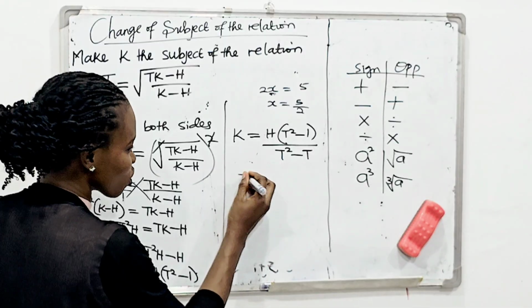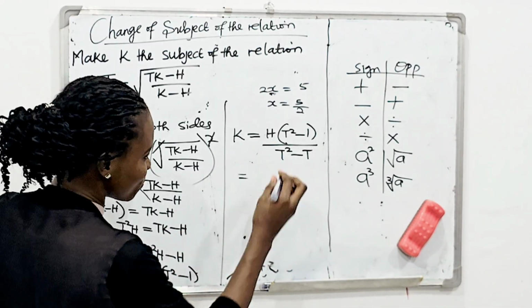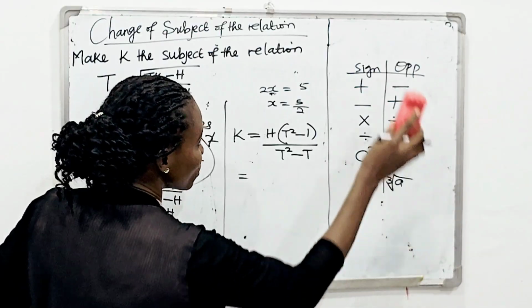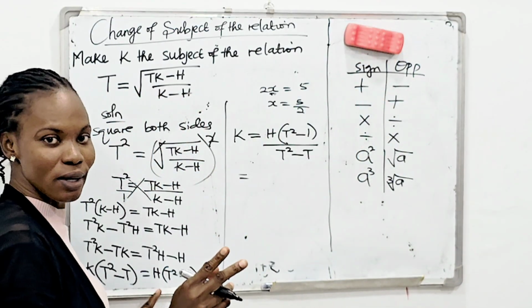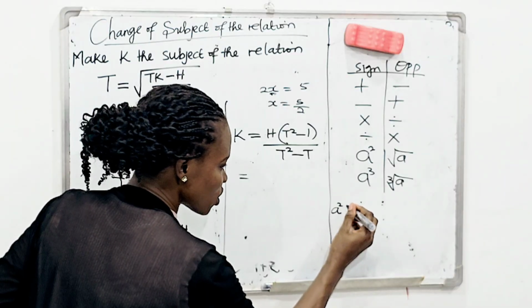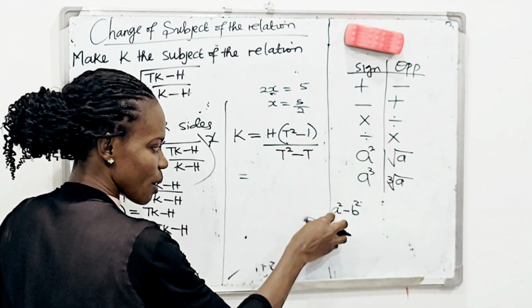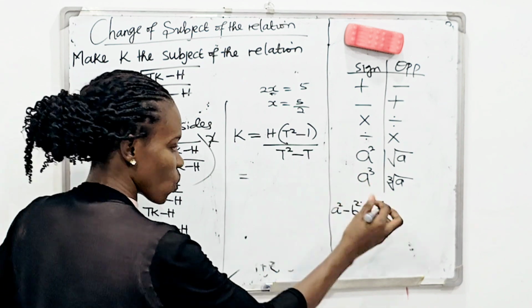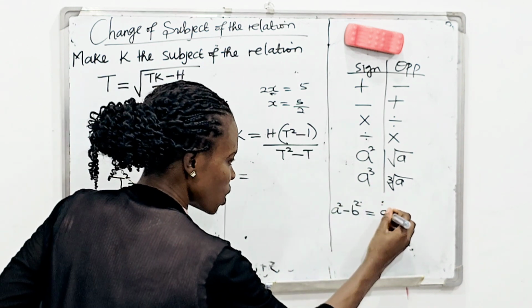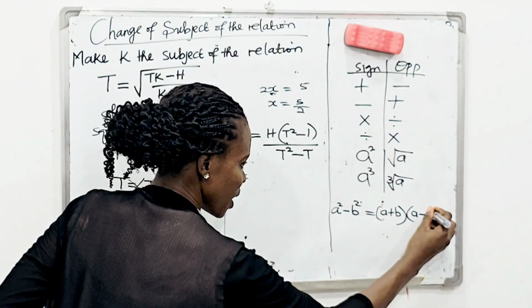The further simplification is what I want to do now. Watch me. There's what we call the difference of two squares. It's a law. It states that if I have a squared minus b squared, this term squared minus another term squared, this is equal to (a plus b) times (a minus b).